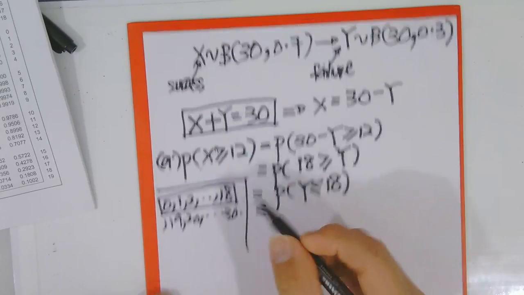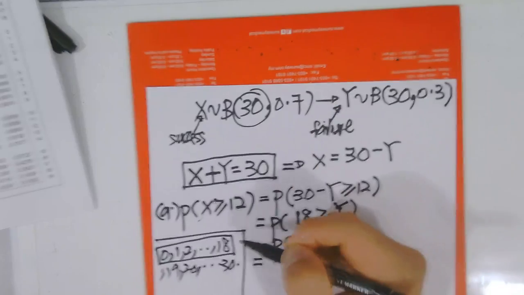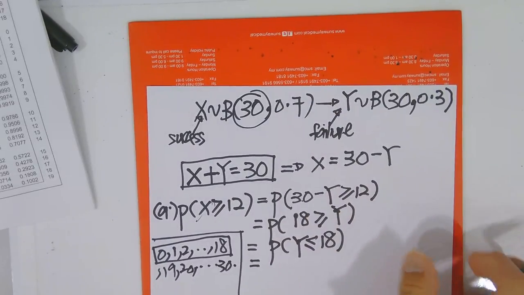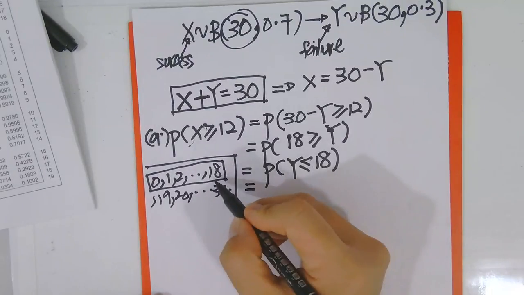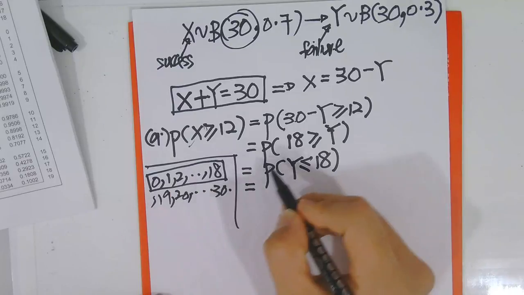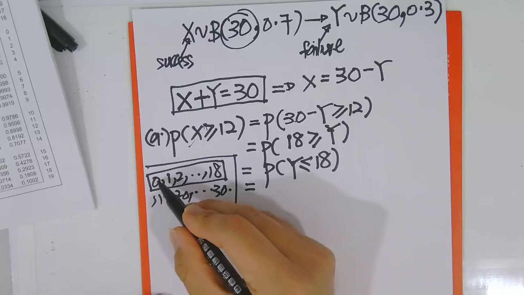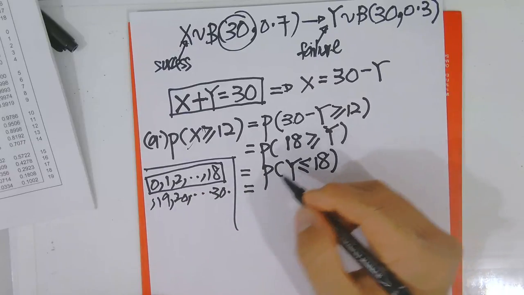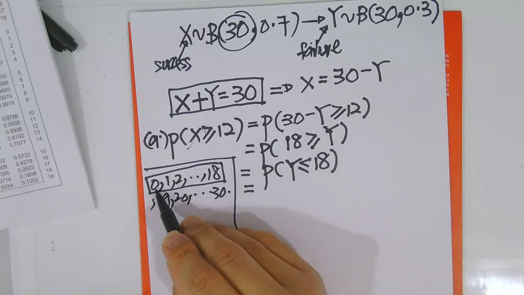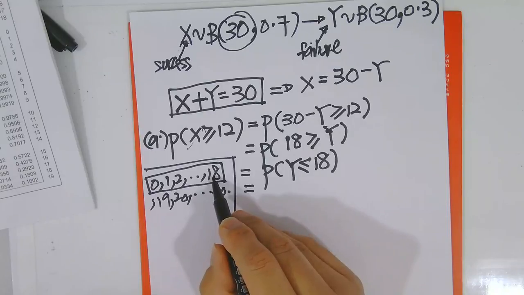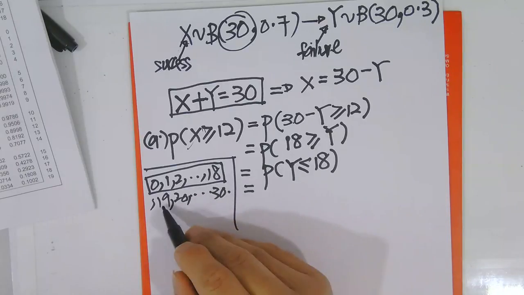How do you know its maximum is 30? You see the sample here is 30, right? So it will be up to 30. Because they said y less or equal 18, it can be 0, start with 0. So I want 0 up to 18, but I don't want 19 and above.